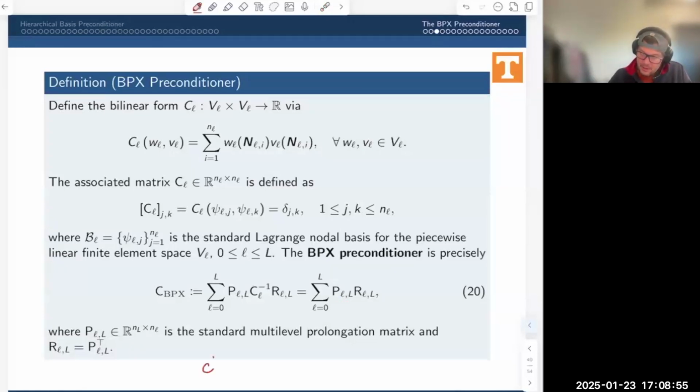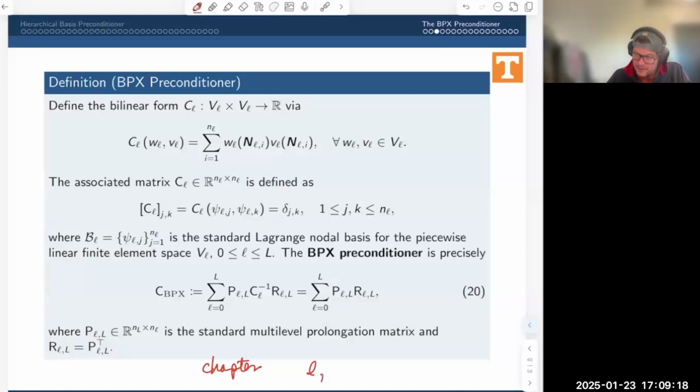So in chapter 8, we talked about these multi-level restriction and prolongation matrices. They're obtained by stacking prolongation matrices. If you want to prolongate from this coarse space little l up to the fine space L, you might have a ton of spaces in between.